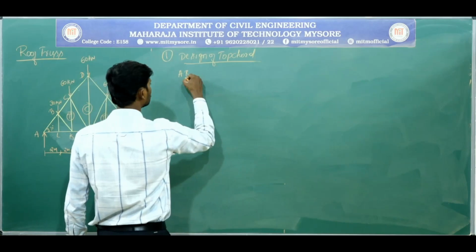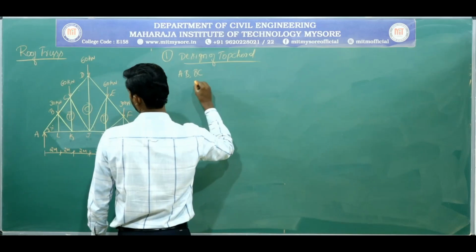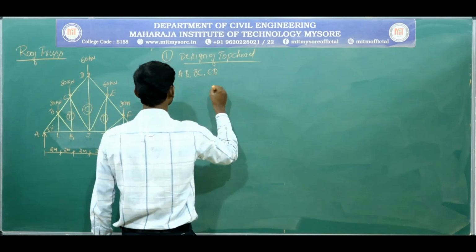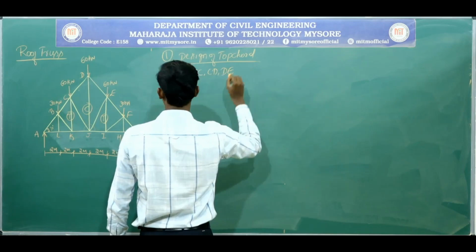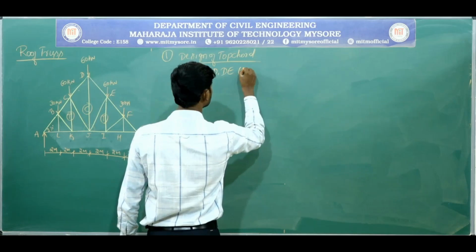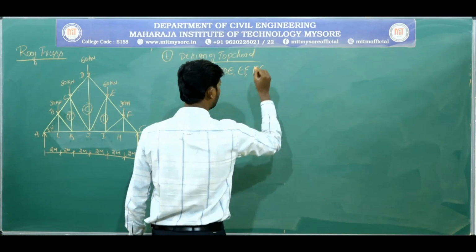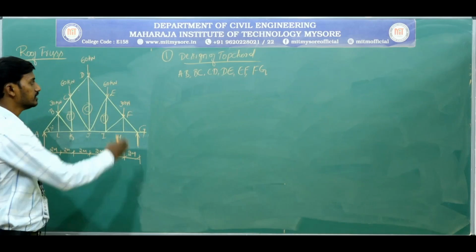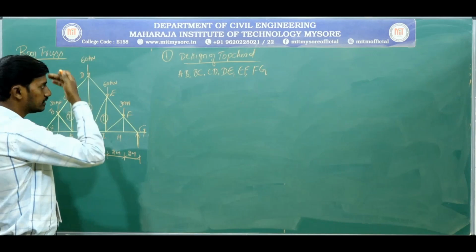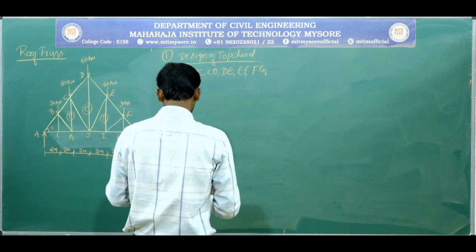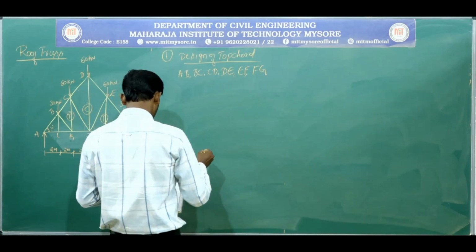AB, BC, CD, DE, EF and FG, correct. So out of this, what is the maximum force in the tabular column?